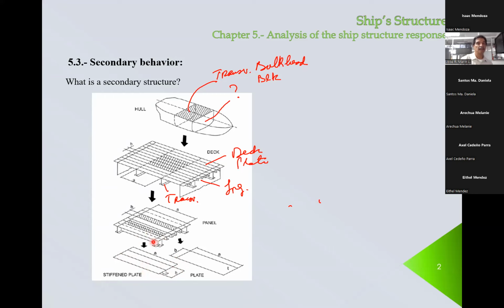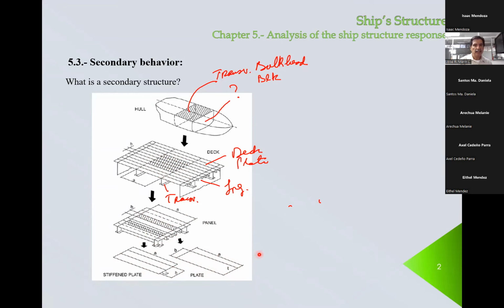Now, this is a very simplified way. Of course, you have to consider that in this case, you have a group of beams that you have to solve simultaneously, okay? And of course, here, between longitudinals, you have a single plate. And this is what we call the tertiary behavior of the structure, okay?